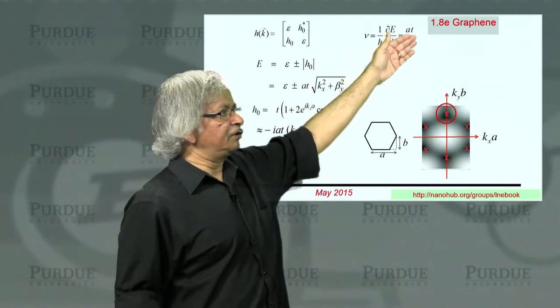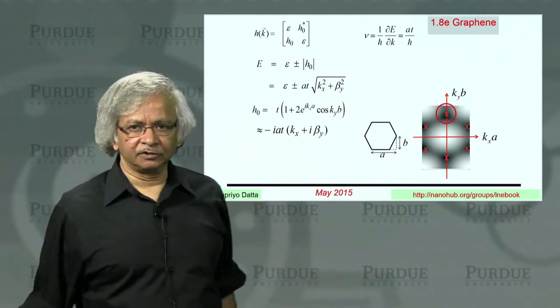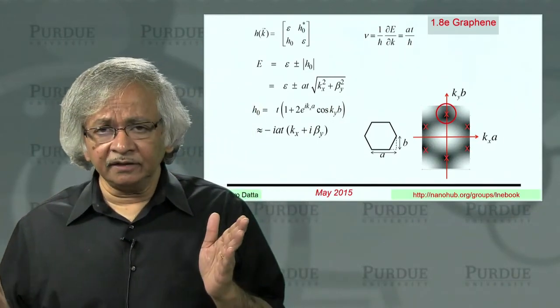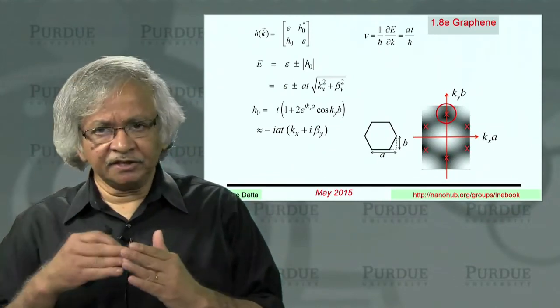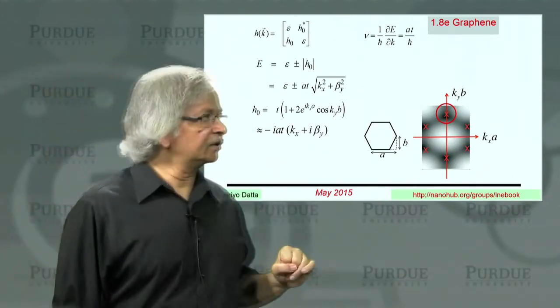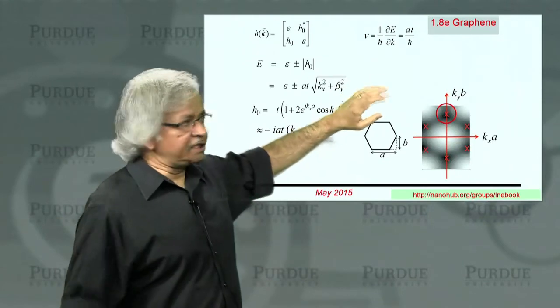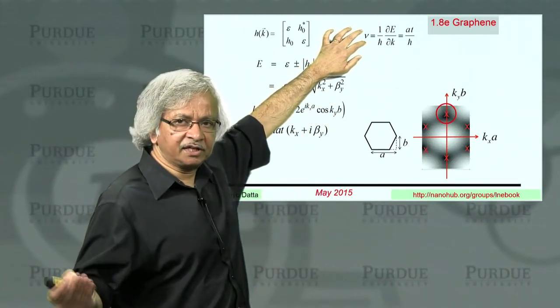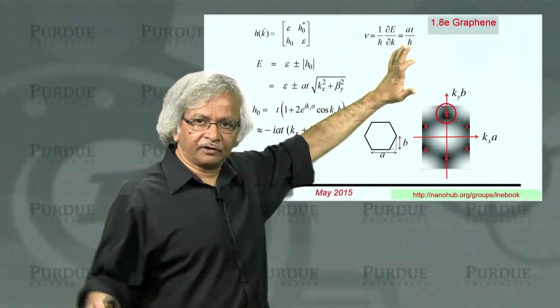And so you get at over h bar. And it's independent of k. So you could have electrons in there with different values of k, and the energy will be changing linearly. But the most important point is that although the energy is changing linearly, the velocity is the same at each k. It's a fixed number for graphene.